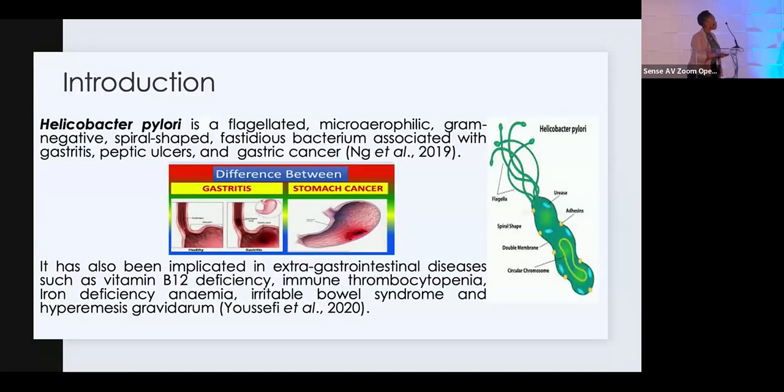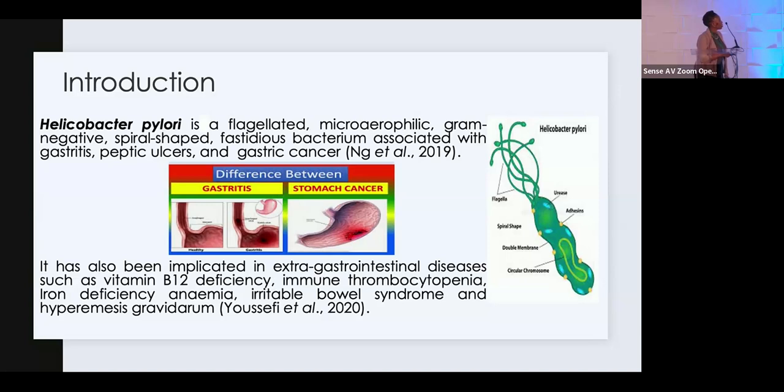H. pylori is a flagellated, microaerophilic, gram-negative, spiral-shaped, fastidious bacterium. When we say H. pylori is fastidious, it doesn't grow like every other bacteria like staph and E. coli. It requires special conditions, special enrichment media to grow.